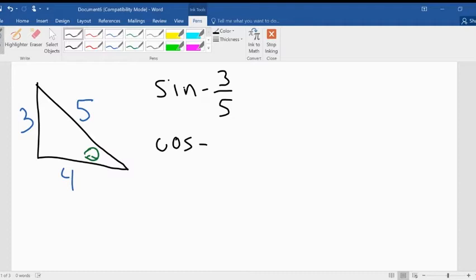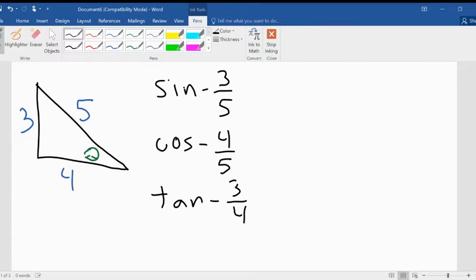Remember, adjacent means next to, so next to theta is the 4 down here, so it'll be 4 over 5. And then tangent is opposite over adjacent. The opposite of theta is 3 and adjacent is 4. So again, we just leave them as fractions like that.